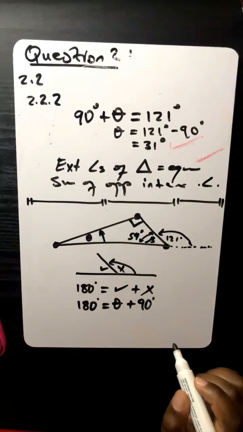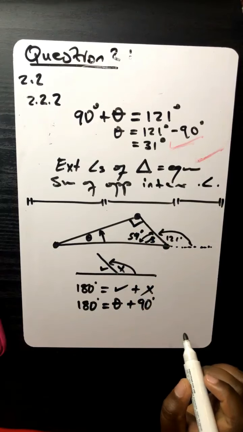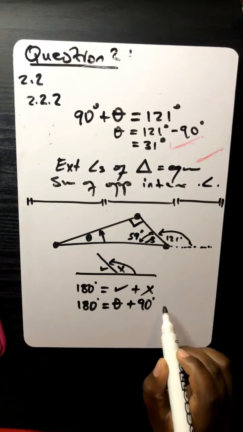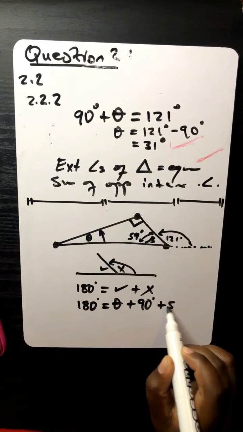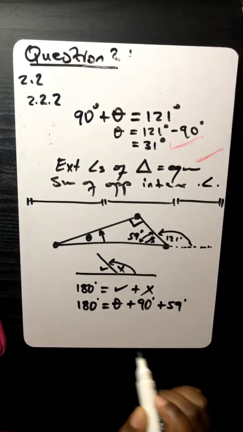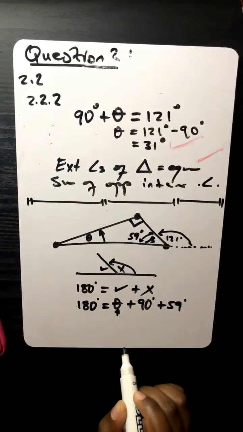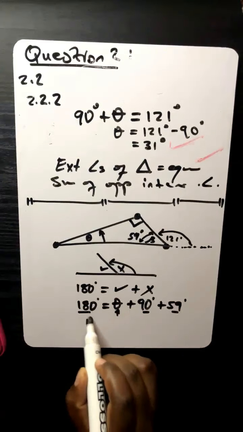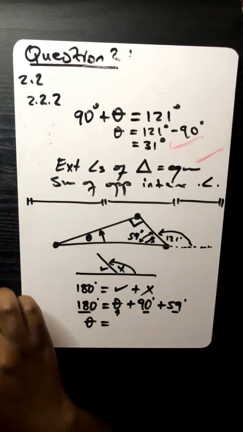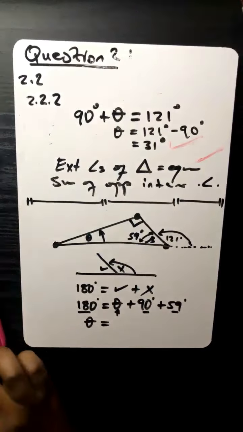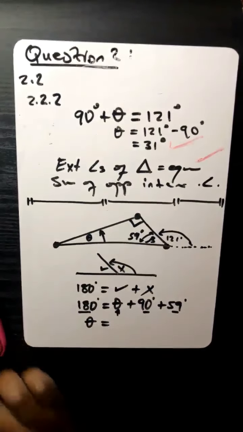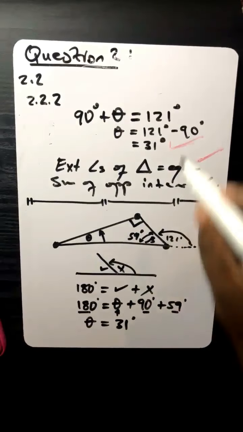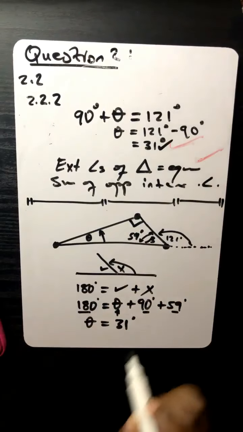I'm not sure, Zanda, if what I'm doing is exactly what you said, but correct me if I'm wrong. So we say plus 59 over there, then we solve for that angle, which means it's 180 minus this minus that. Therefore, angle theta is going to be 180 minus 59 minus 90, which is 31 degrees. And again, it is the same angle as that.